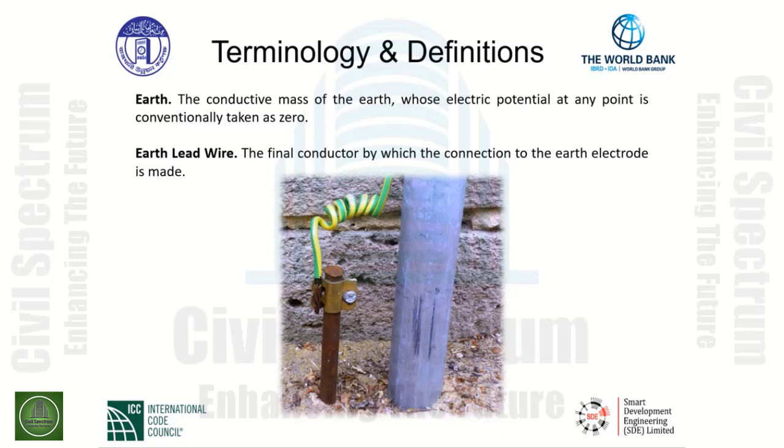We take earth and use this as a reference. The earth lead wire is embedded into the earth and by means of a conductor is connected to the electrical system for voltage stabilization and transient voltage regulation as well.